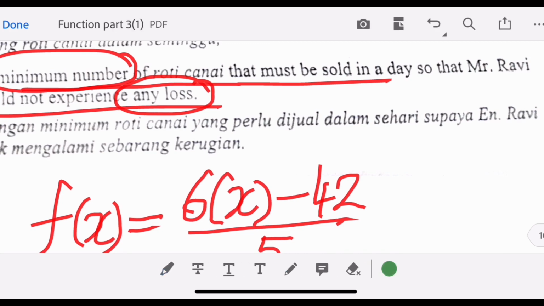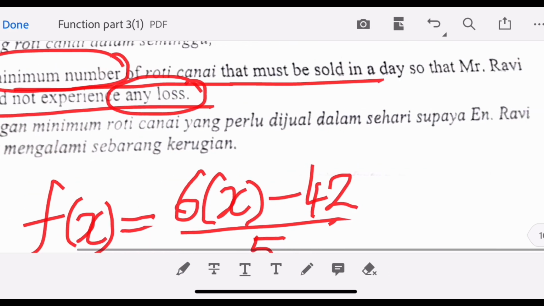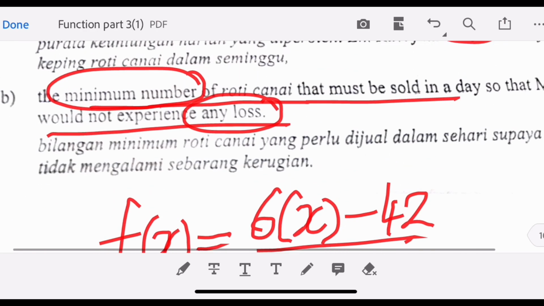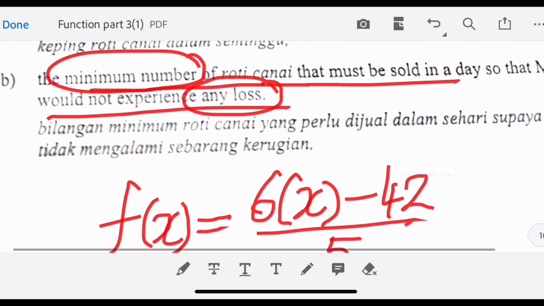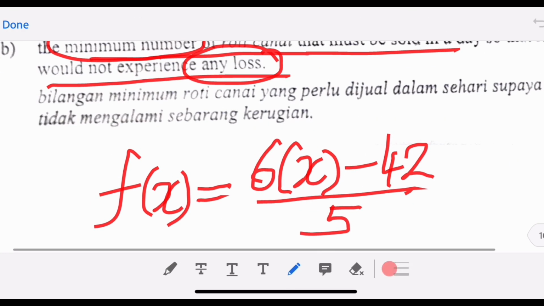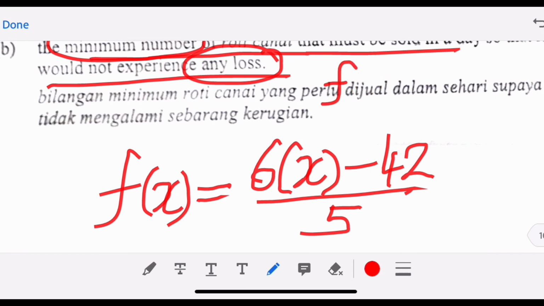So if Mr. Ravi would not experience any losses, what will you write for f(x)? Of course, you might put 0.